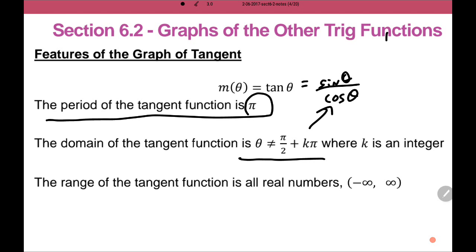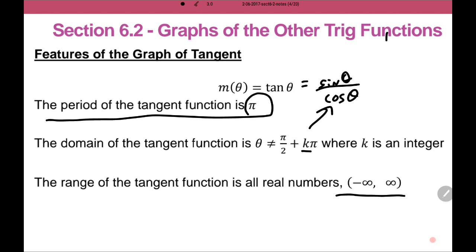So everywhere that cosine would be equal to 0, pi over 2 is the first one, and then the next one would be 3 pi over 2. Anytime I put an integer value there and add that pi onto pi over 2, I get a vertical asymptote. And the range will be all real numbers.